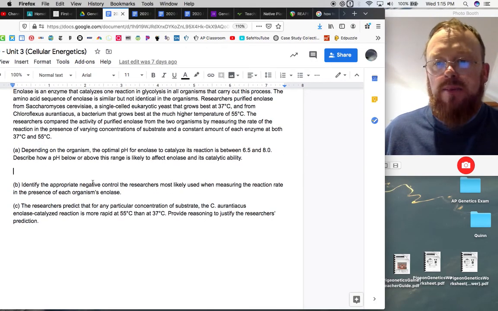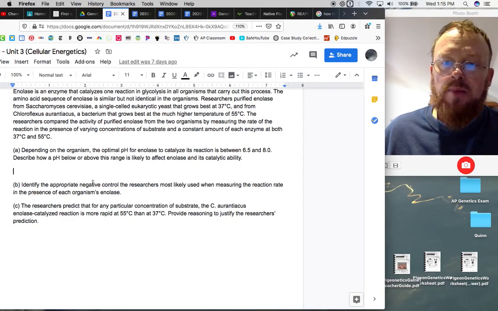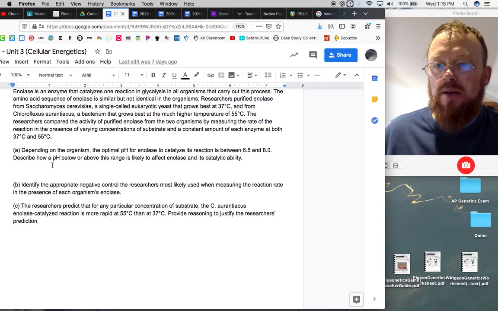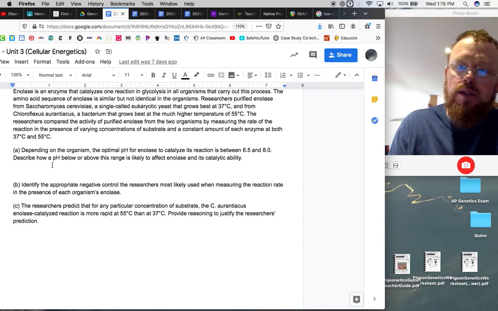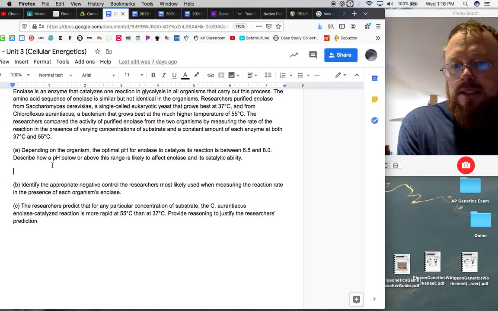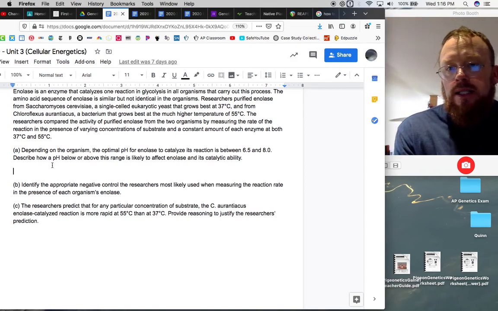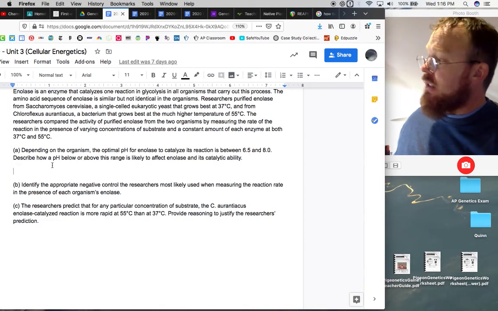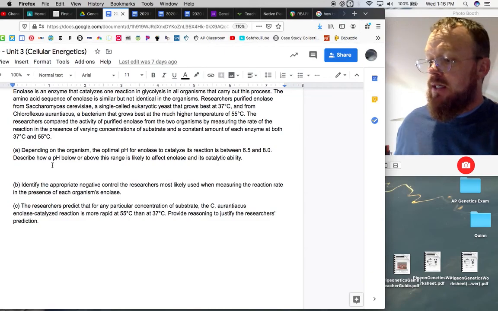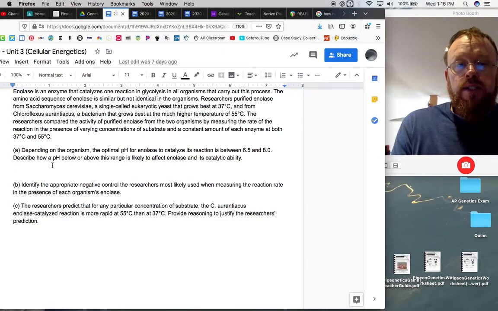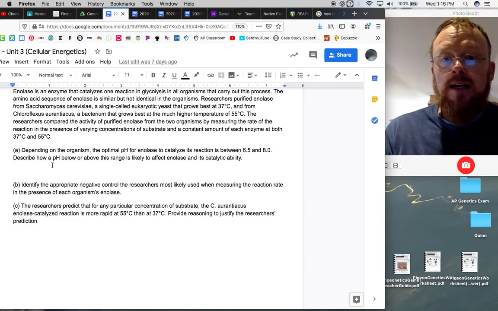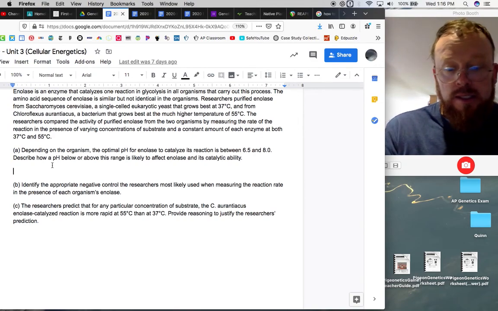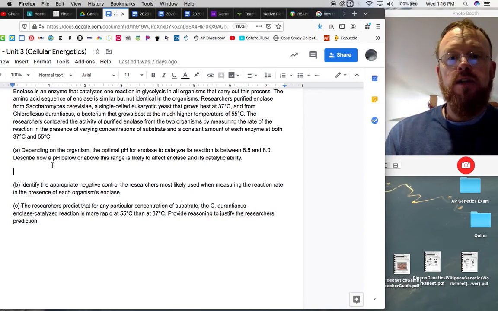Question A says, depending on the organism, the optimal pH for enolase to catalyze its reaction is between 6.5 and 8.0. Describe how a pH below or above this range is likely to affect enolase and its catalytic ability. Well, an enzyme is a protein, right? So the idea is that outside of that optimum pH range, that protein, aka that enzyme, will likely denature, which means change its conformation.